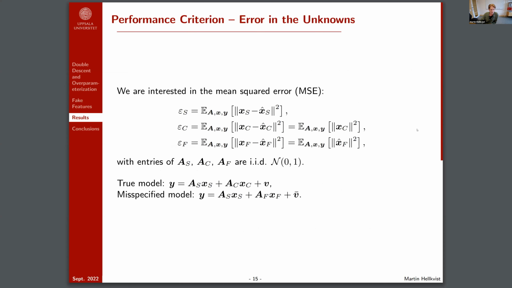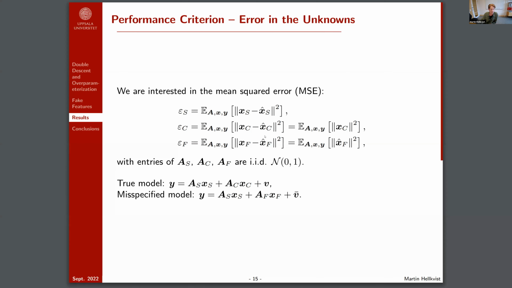So using this misspecified estimator, we are interested in the MSE of the respective sets of system unknowns, which are XS, XC, and XF. So we take each estimate, X hat for S, X hat for C, X hat for F, and we formulate these MSE components.